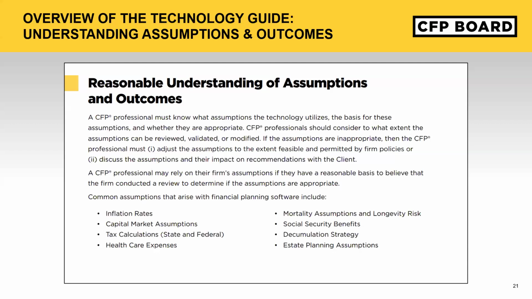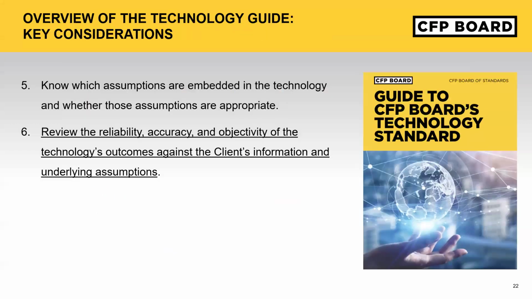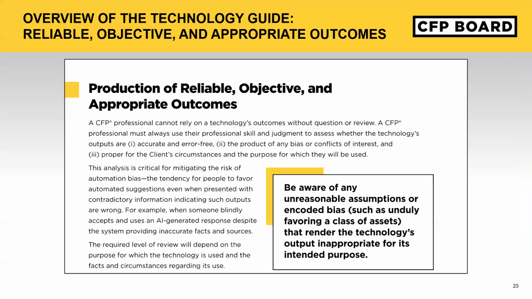The sixth consideration is to review the reliability, accuracy, and objectivity of the technology's outcomes against the client's information and underlying assumptions. The next slide shows that this consideration highlights the need to use your professional judgment to evaluate outcomes and ensure that they meet expectations.